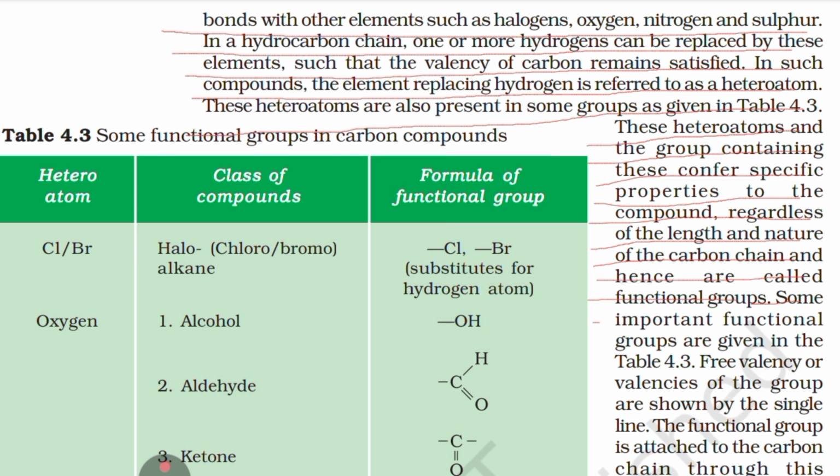Some important functional groups are given in Table 4.3. Free valency or valencies of the group are shown by the single line. The functional group is attached to the carbon chain through this valency.